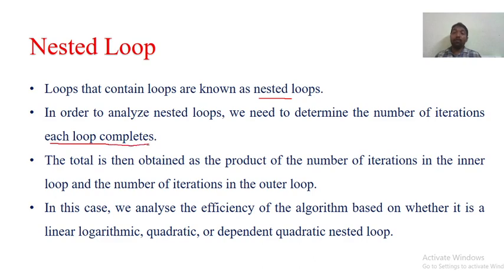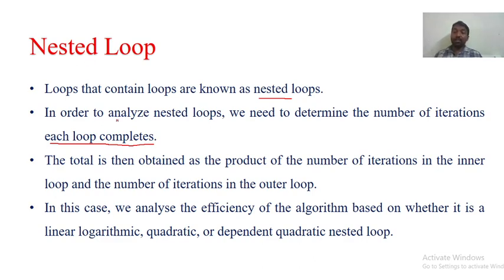In one for loop, if you have addition or subtraction, we consider it a linear loop. If you have multiplication or division, we consider it a logarithm loop. If a loop has sub loops, we refer to it as a nested loop.